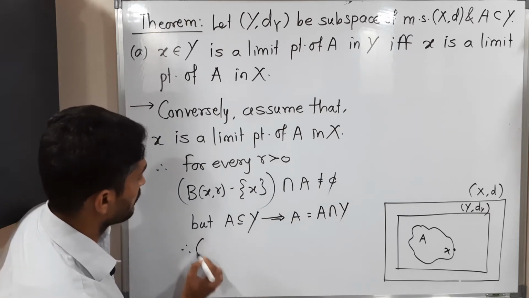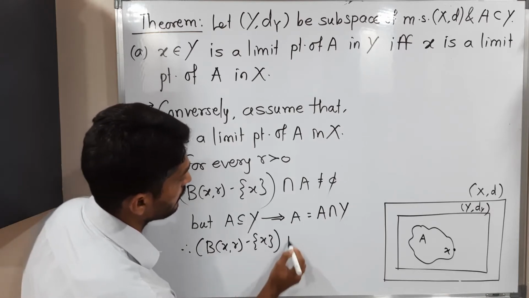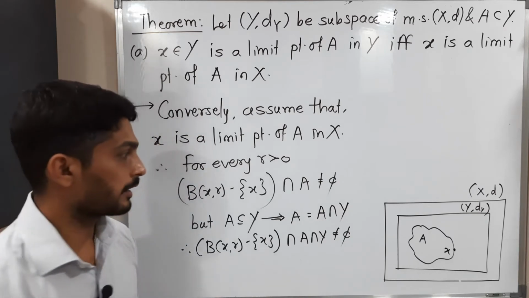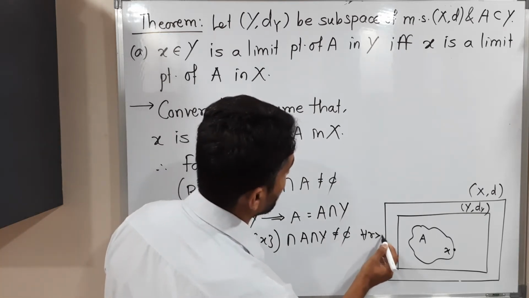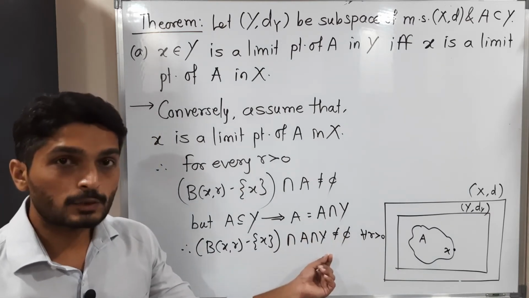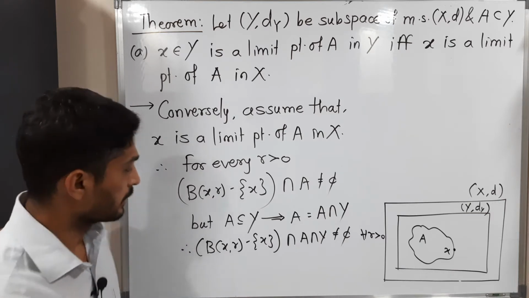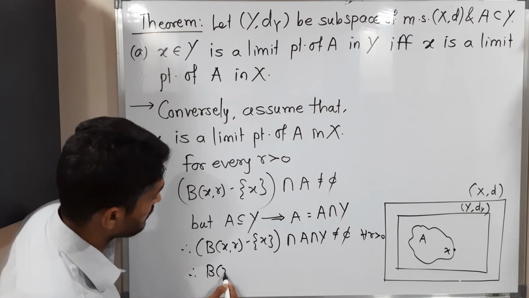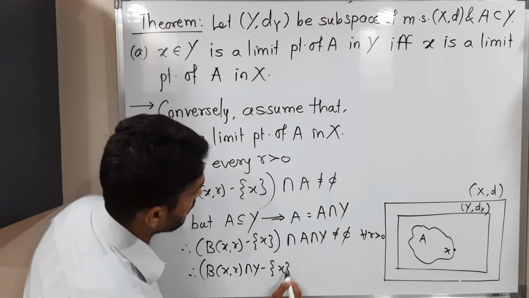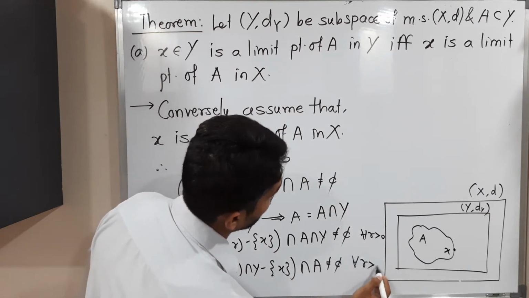Therefore, B(x,r) minus singleton x, intersection A, intersection Y, is not equal to phi, and this is true for all r greater than 0. I replaced A by A intersection Y. After that, I will take this Y inside the bracket. It doesn't matter; logically it has the same meaning. Therefore, B(x,r) intersection Y, minus singleton x, intersection A, is not equal to phi for all r greater than 0.